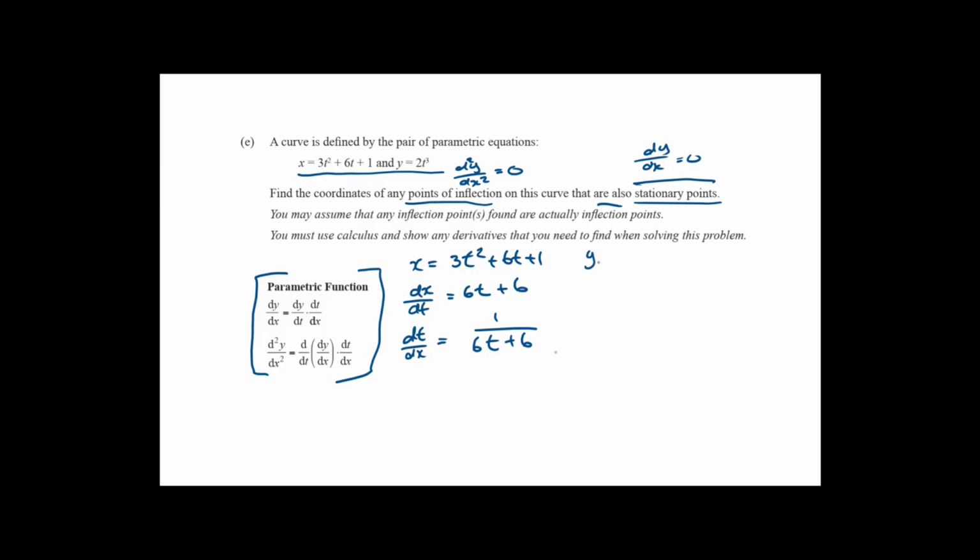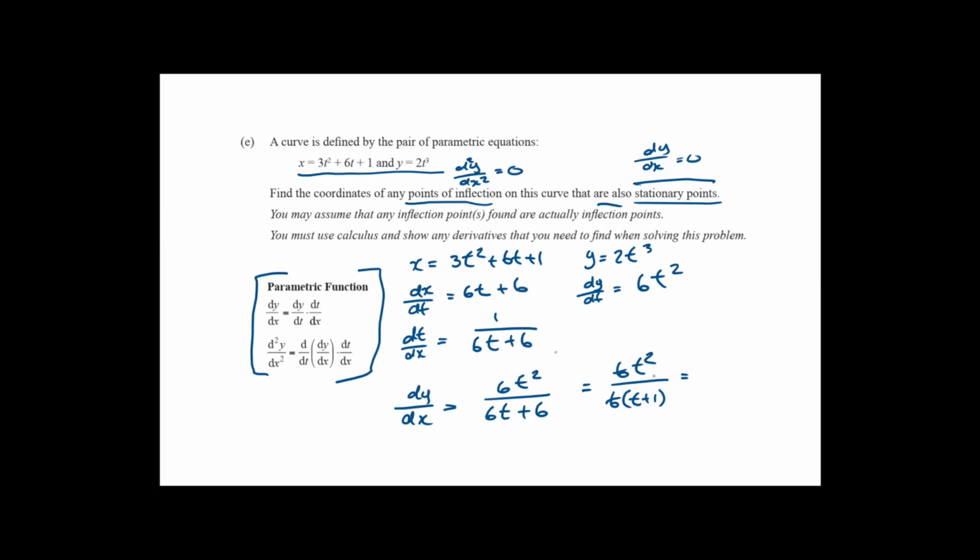So now we're given y as 2t cubed. That means that dy/dt is just going to be 6t squared. Let's multiply those together. So dy/dx is going to be 6t squared over 6t plus 6. And I can see a simplification straight away. 6t squared over 6 times t plus 1. So those 6s are going to cancel, and we're left with t squared over t plus 1.